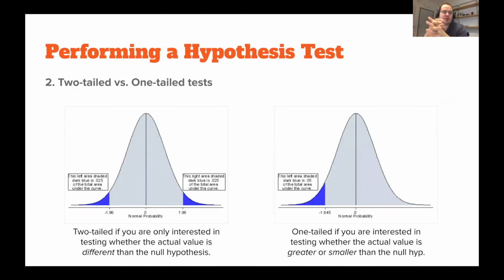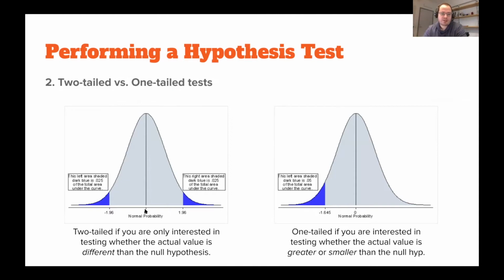The difference between two-tailed and one-tailed, if I'm not mistaken, we've also talked about last time, but as a quick recap, a two-tailed test is when you're only interested in testing whether the actual value is different than the null hypothesis. So let's say the null hypothesis is here in the middle, right? And you want to test if your actual observed difference is different than zero.